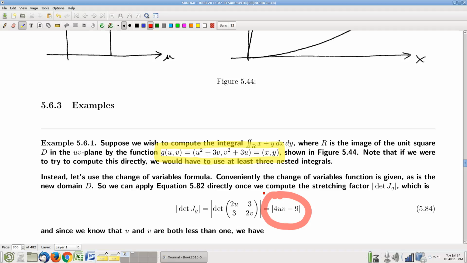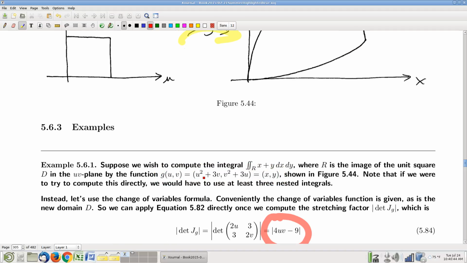That's part of the formula for how to compute area. I can't have this stretching factor be negative. Think about how ridiculous that would be. This area is what you get when you multiply this area times a negative number. That would mean one of the areas is negative. It makes no sense at all. It's completely unacceptable. So how do we deal with the fact that these absolute values are there? The good news is, in this case, it's easy to figure out based on what we understand about our picture.